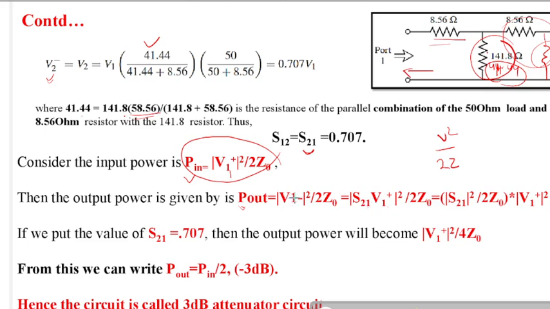If this is calculated, it comes as P in divided by 2, which is equal to 3 dB. Hence it is called a 3 dB attenuator circuit.